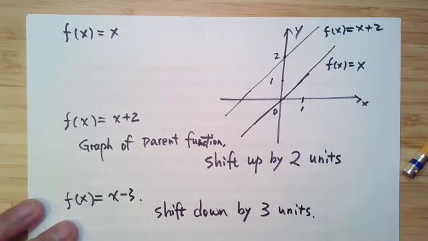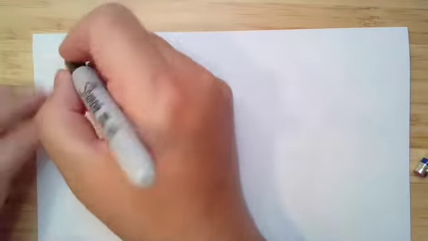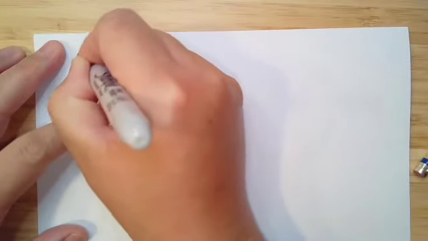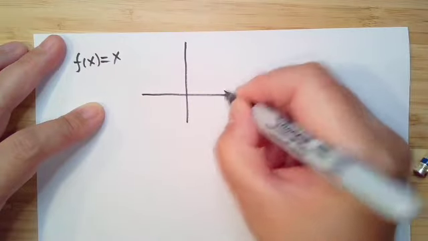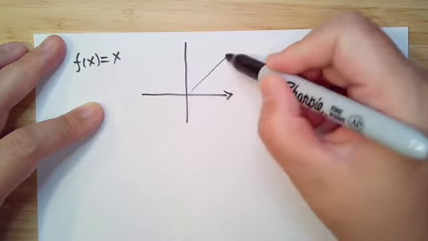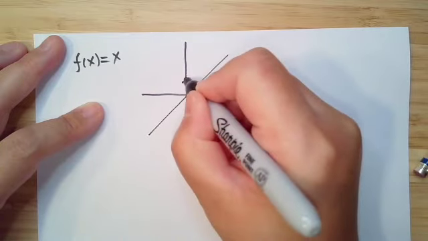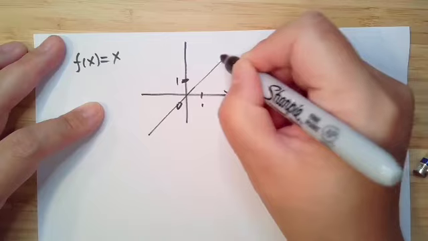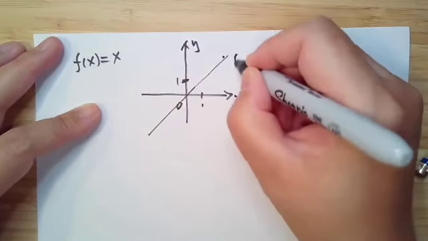It's important. All right. Now we're going to do a little bit more. Let me just write that. f of x, the parent function, which is the 45-degree line. Here x, here y. Okay, so this is f of x equals x.